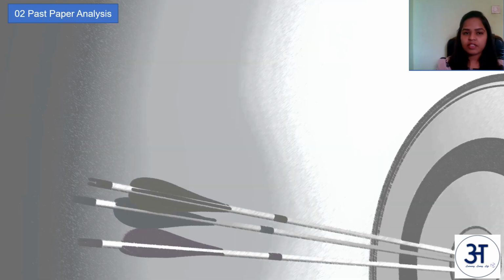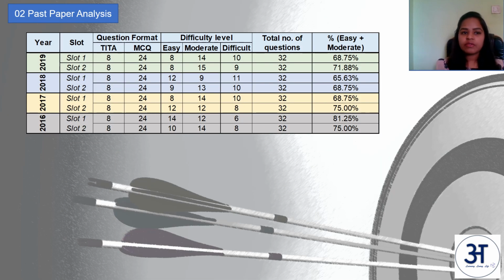Now let us look at the past paper analysis. If you see this analysis of the past 4 years of papers, both slot 1 and slot 2, let us look at the easy plus medium percentage of questions. It is as high as 65 plus percent consistently over the years.